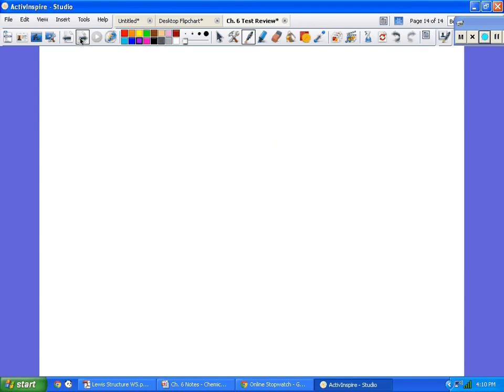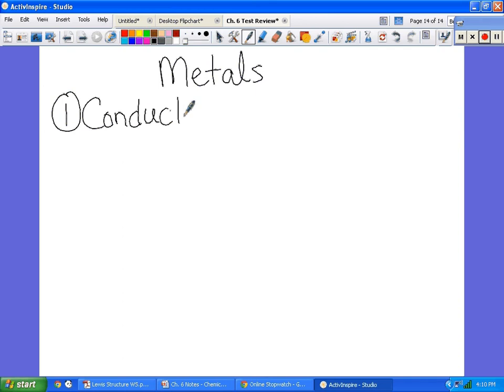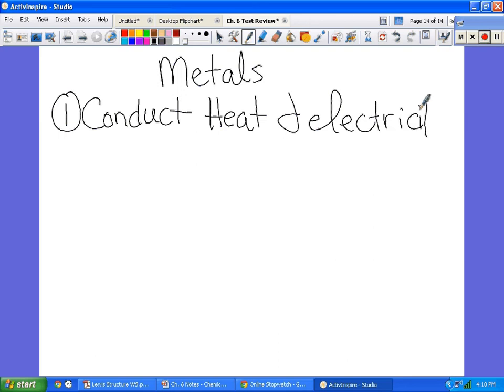Know the properties of metals. They conduct heat and electricity. I know I miswrote that word. It just looks funny.